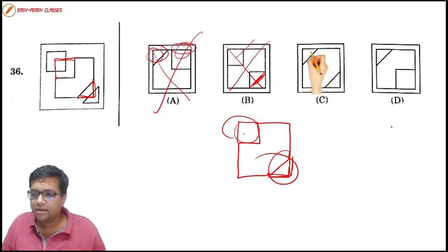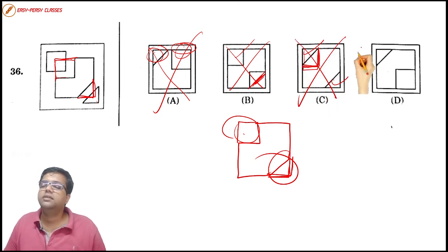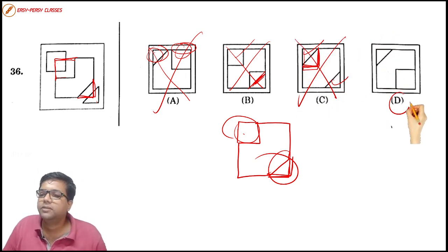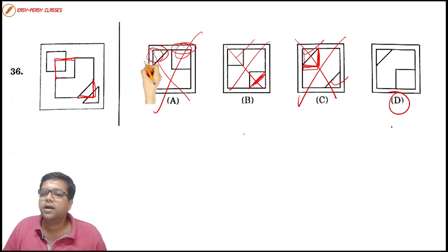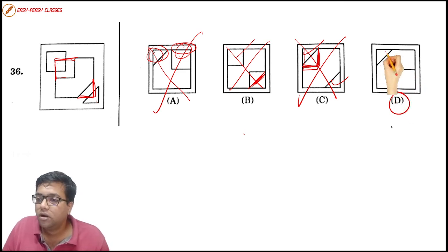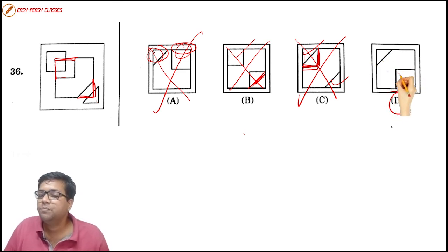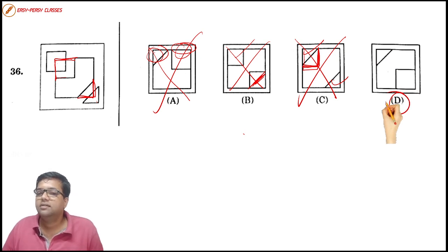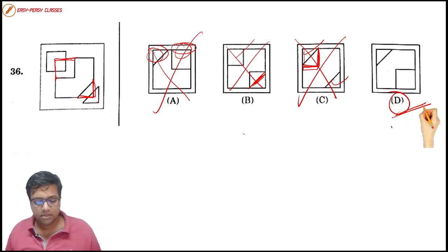Do we have triangle over here? We have a triangle, but we don't have the square over here. The square should have been over here, so we eliminate this as well. So we are only left with option number D, which has both square and triangle, and they are opposite to each other. So option number D becomes the right answer.